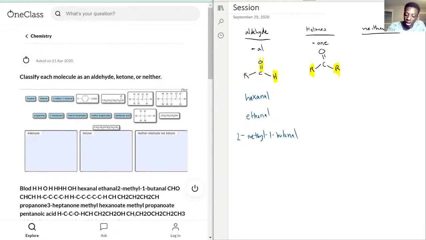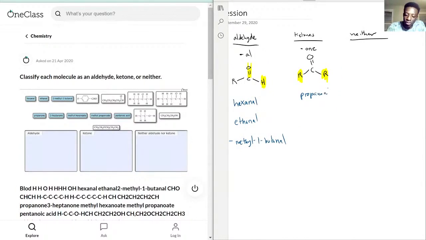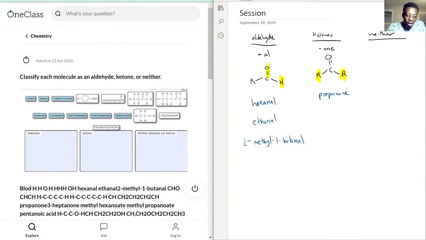Propanone, another example of using its name, ends with ONE, so that would be a ketone. And 3-heptanone, same thing, ends with ONE. Alright, so we have that. And methyl hexanoate, that one doesn't end with an AL or ONE, so we can put that safely in neither.